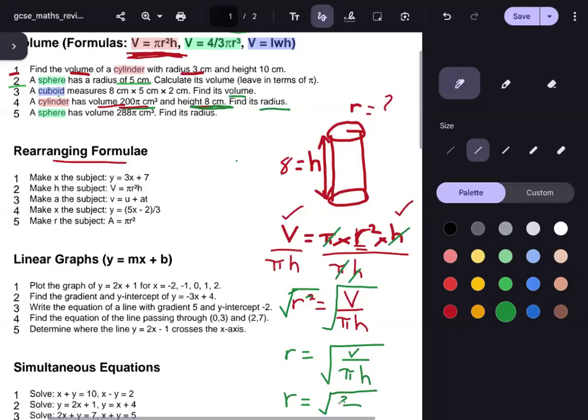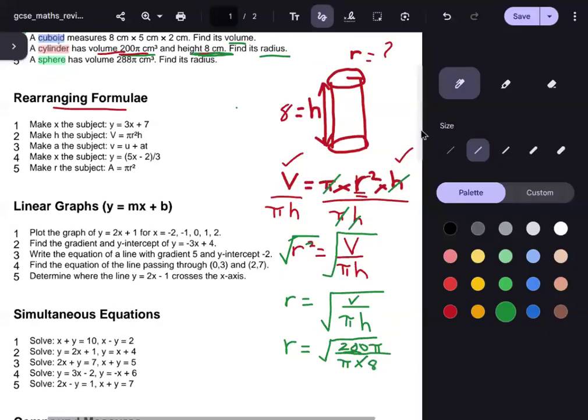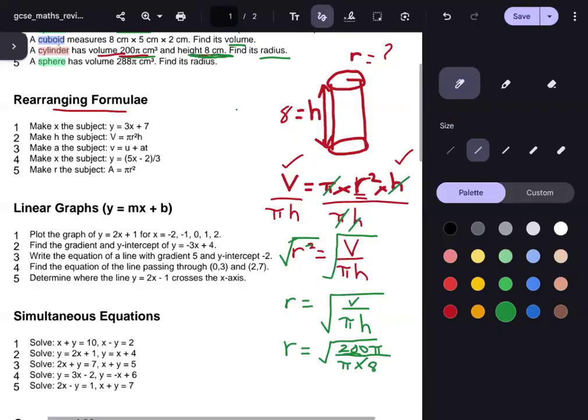Then you're going to say 200 pi for v, divided by pi times h. Remember, this is a fraction, so you use the fraction sign. Our h was 8. Let's just go back up. Remember, the cylinder had a height of 8 centimeters. Put that into your calculator and tell me what you get.